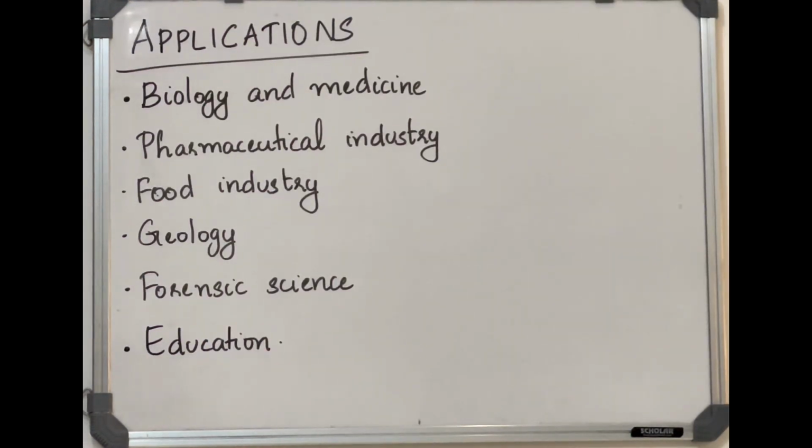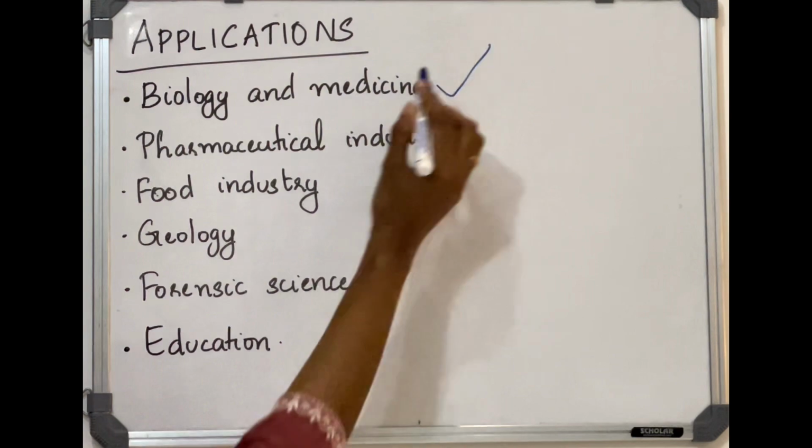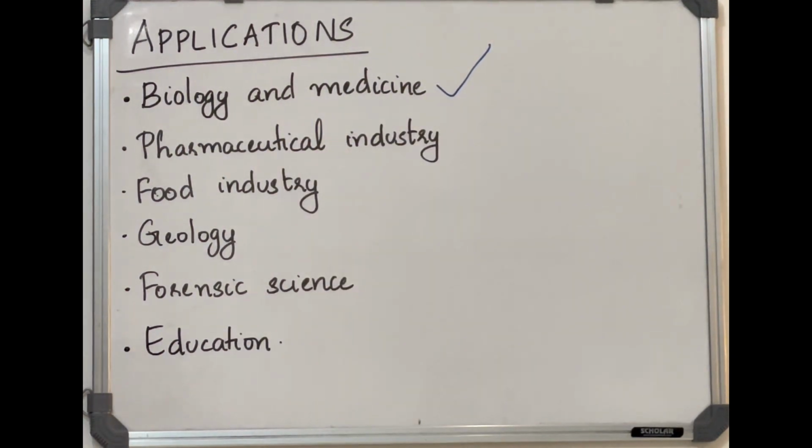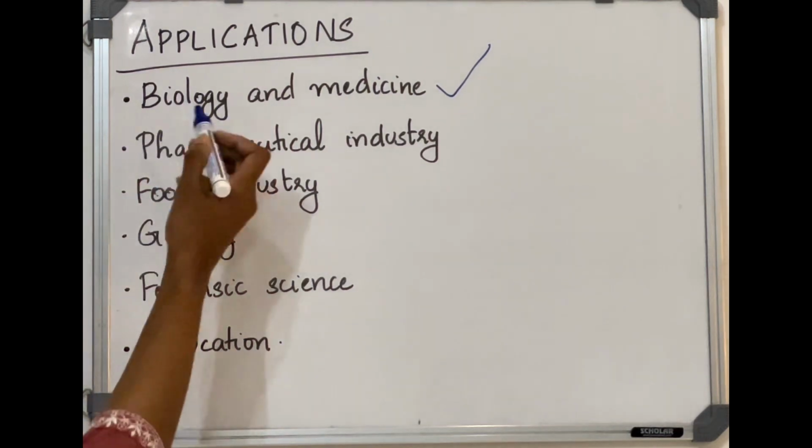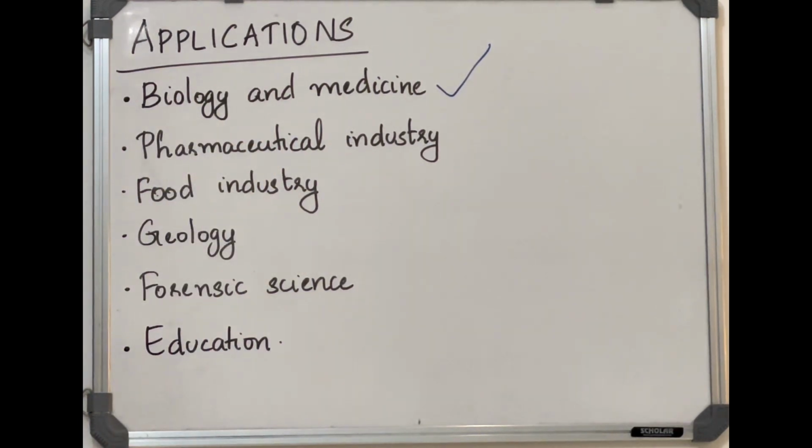So now let's see some of the applications of the bright field microscope. The bright field microscope is used in biology and medicine. It is used to study the structure and function of cells, tissues, and organisms. These microscopes are used in blood counting, to study animal cells and plant cells, and to examine bacterial cells and fungal cells.